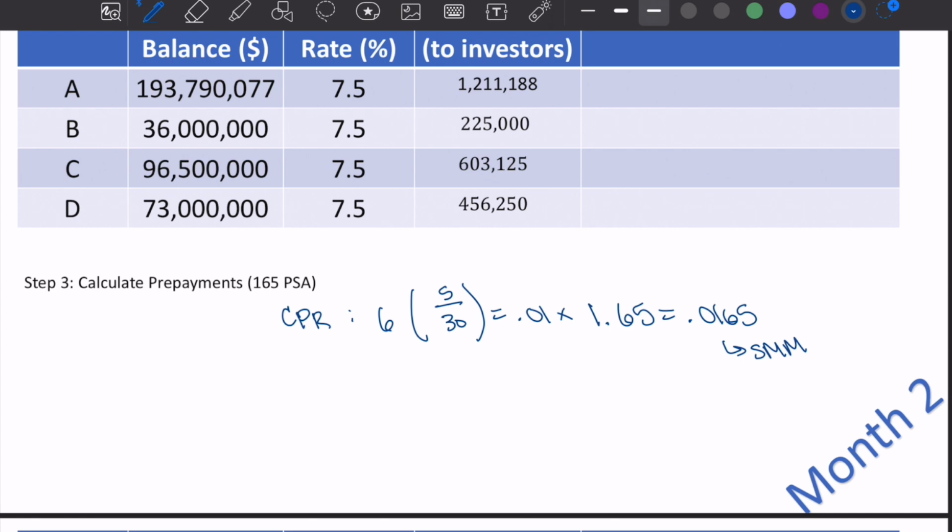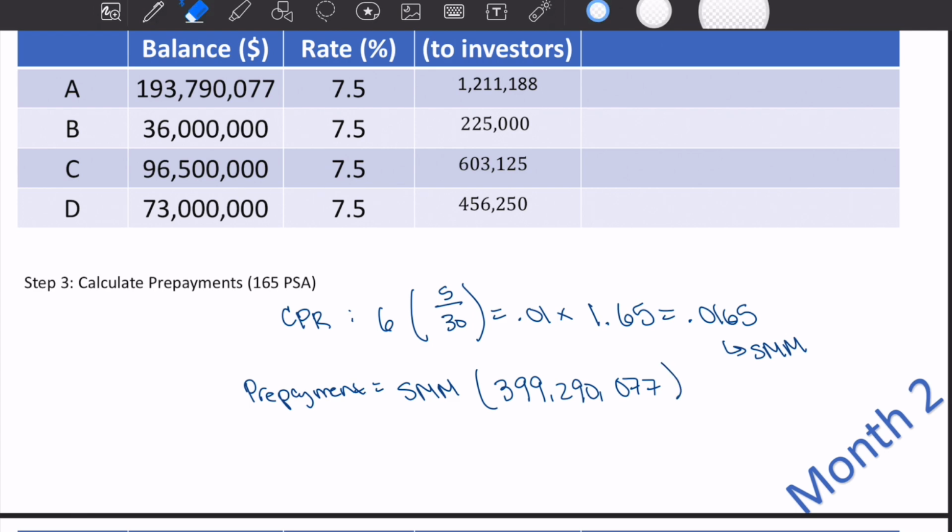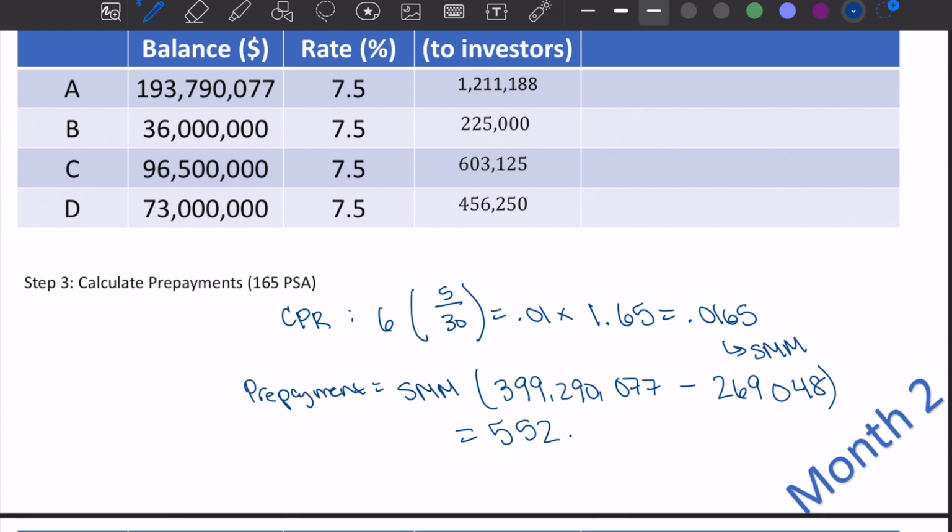And then lastly, my prepayment would end up being that single monthly mortality rate times my beginning balance minus my scheduled principal. So prepayment, $552,848.